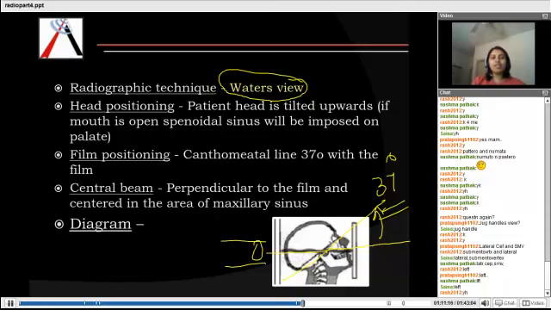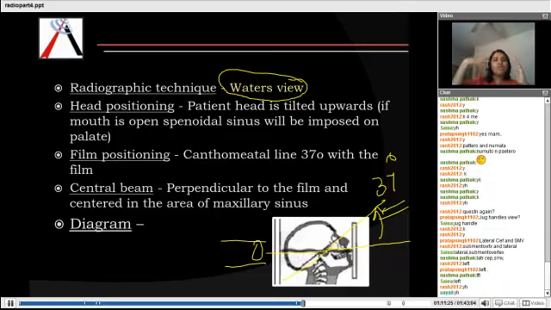Now, whenever we are taking any extraoral radiography, there are 2-3 things. One is the position of the film. Second is the position of the facial structure, mostly some reference plane in respect to the image receptor. The third thing would be the angle of the X-ray beam. Herein we already saw that the angle is perpendicular to the film.